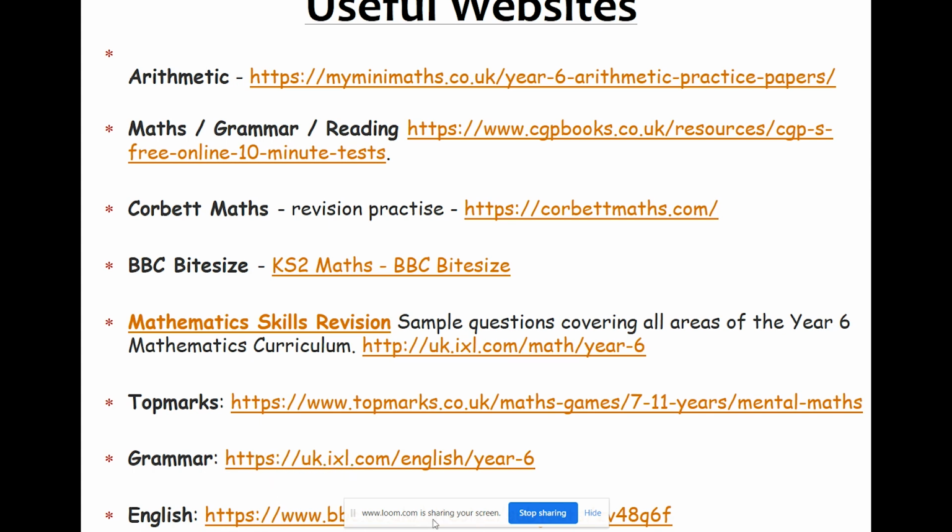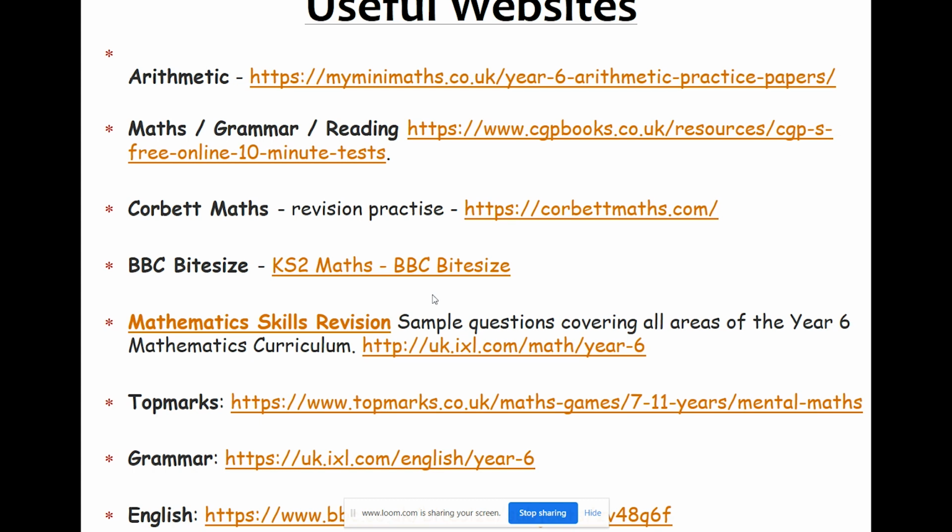And just, sorry, this is covering that, but that's the English. BBC Bitesize also has grammar activities on there. Also inquire within your schools because they might have subscriptions to different websites that can help. SATs Companion is another good one I know they use in schools. So yeah, just ask about in school as well for any useful websites that you could use.